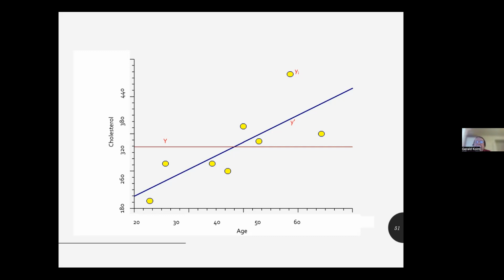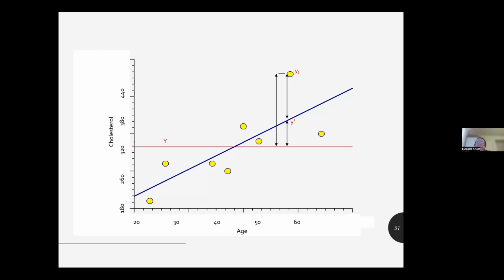What we can do is find the distance between the individual value for age and cholesterol and that distance to the mean level, which is about 320. We can then look at the distance between the predicted value, the Y prime, and the mean.